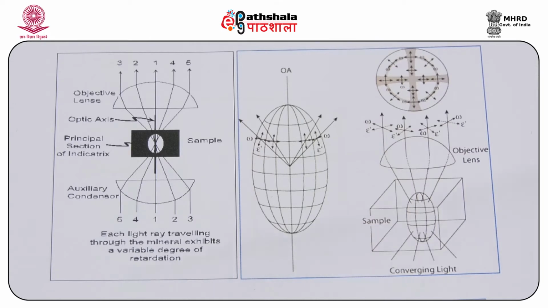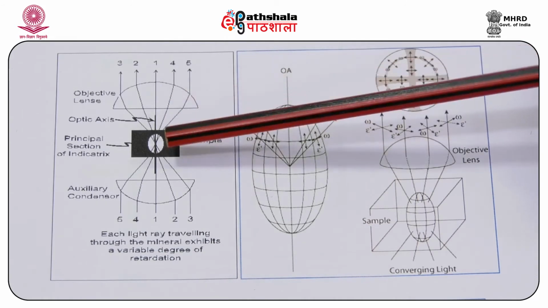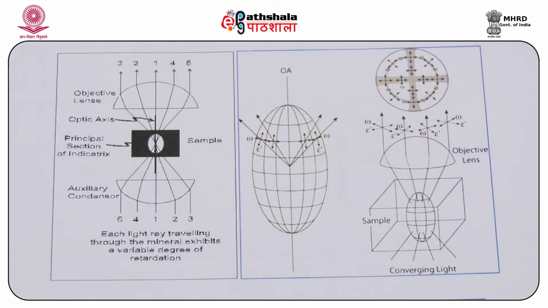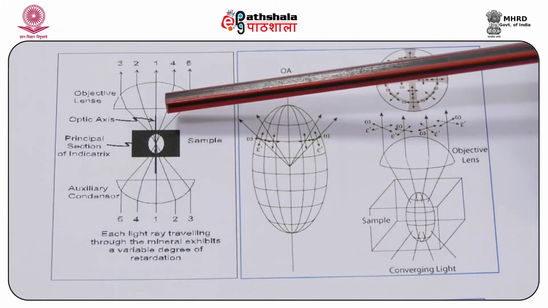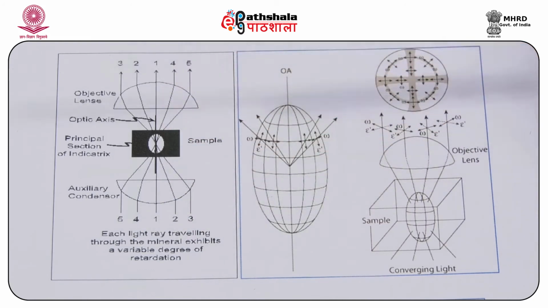As you can see here, ray of light 1 is parallel to the optic axis of the crystal, hence it will not get split into two rays, will exit with minimum or zero retardation, and as such will exit parallel to the optic axis.